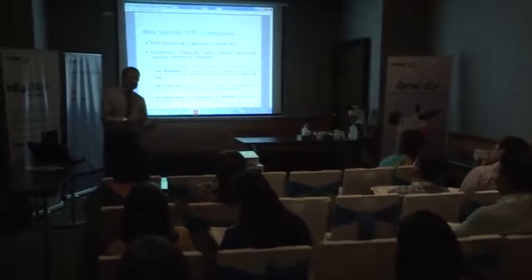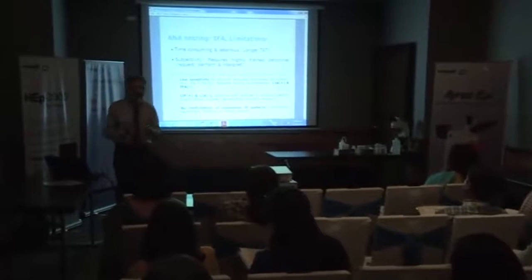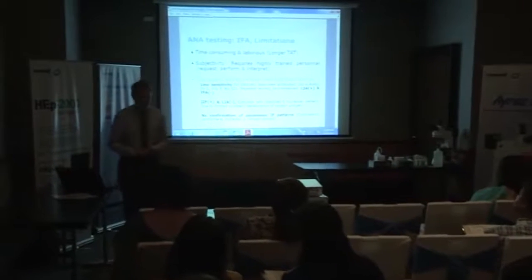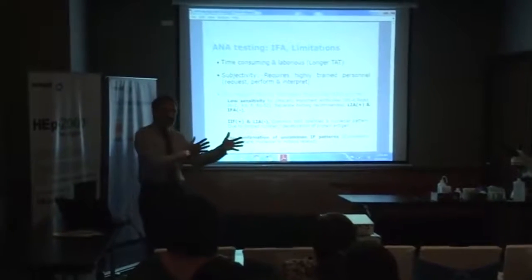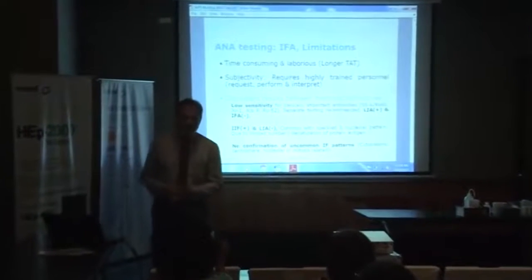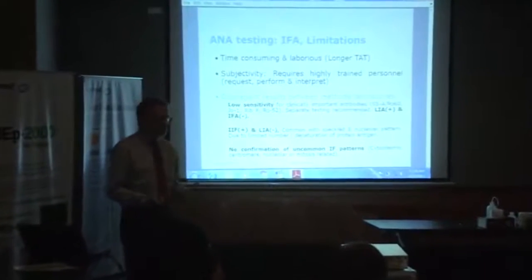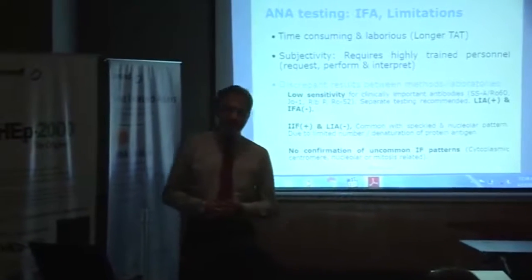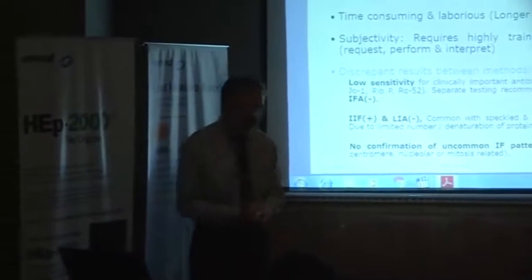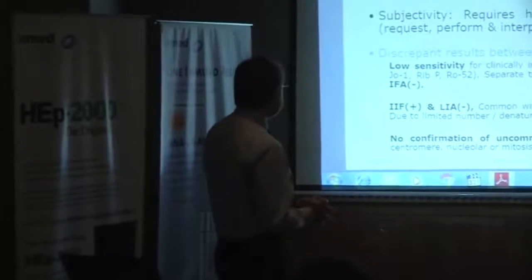When I say methods, that is IF against other methods. It is a very common scenario that you see IF positive and it is not confirmed on LIA. The line immunoassay is totally negative and you end up in a kind of confusion. The discrepant results are basically because of low sensitivity for certain antibodies.